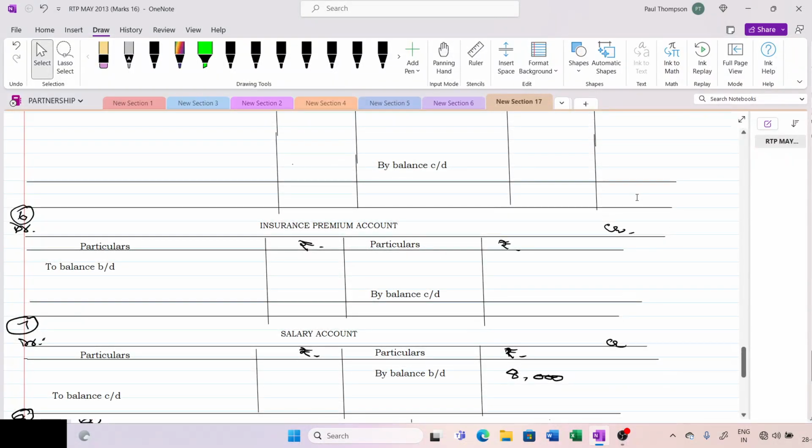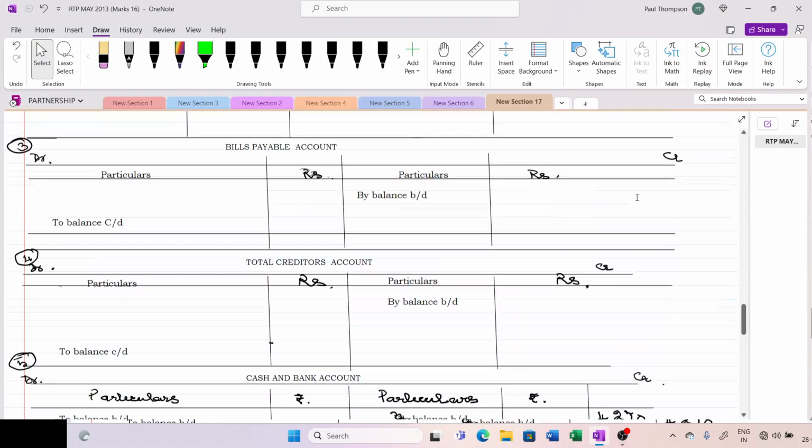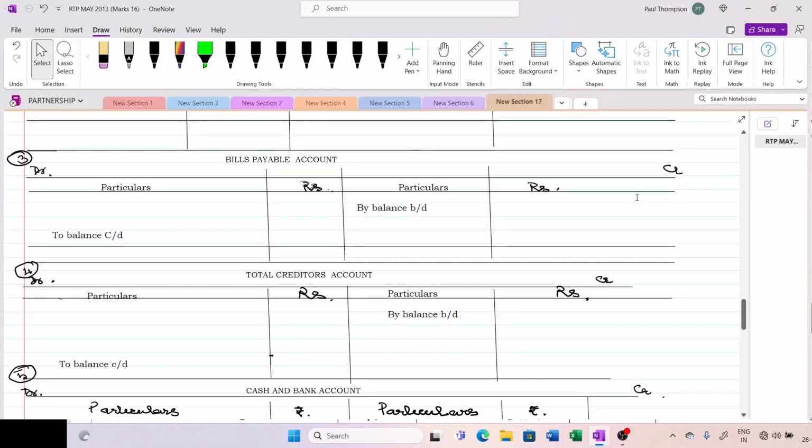Now on the credit side, they have given the bills payable account, 22,500, and the creditors account, 52,500.